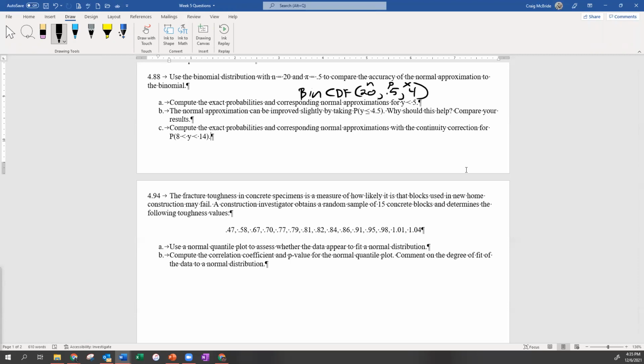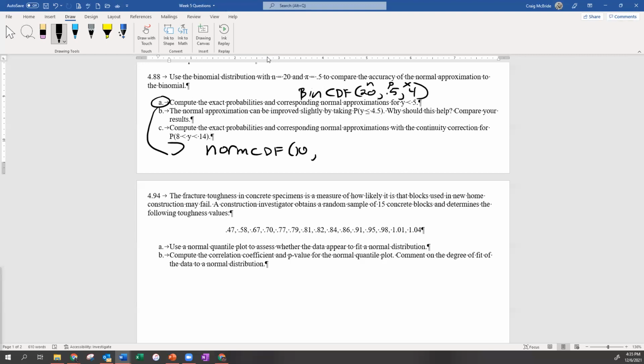Anything else? And then, I'm sorry, can you explain it one more time? So even if we did the approximation with 4.5 in normal distribution, it is still not closer to the binomial probability. Well, it gets closer, but it's not perfect. So for part A, the second part, you would do the normal CDF, and the mean would be 10.